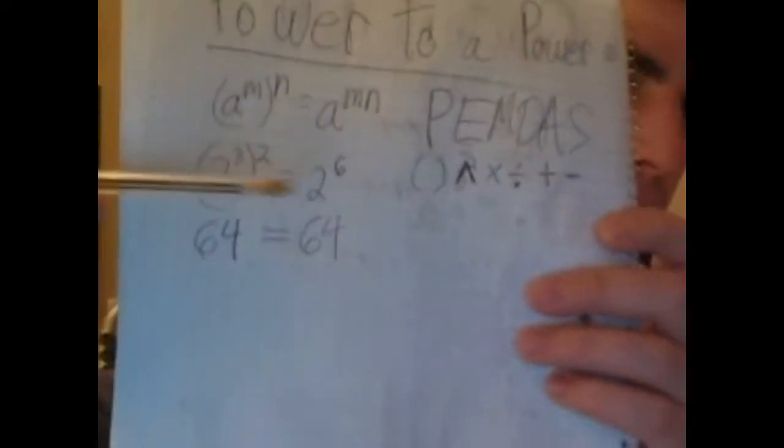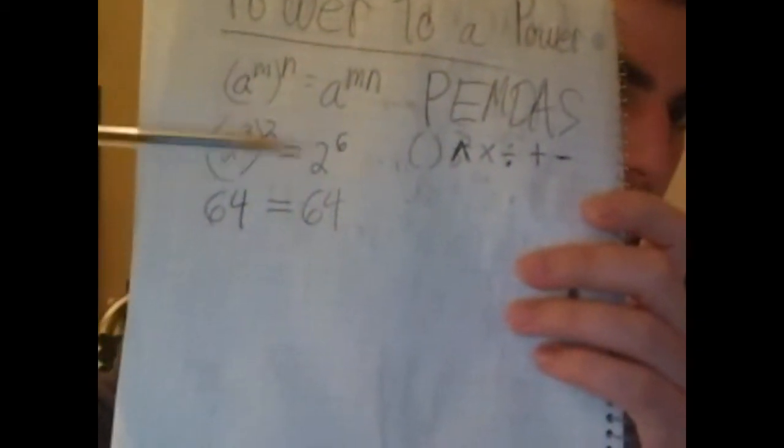And I have 6 fingers out. So, that's how I know 2 to the 6 is 64. I can also just plug it into a calculator. Calculators make everything easier, especially in math. This example proves our rule. 2 to the 3 to the 2 is 2 to the 6. Let's do a few more examples, shall we?